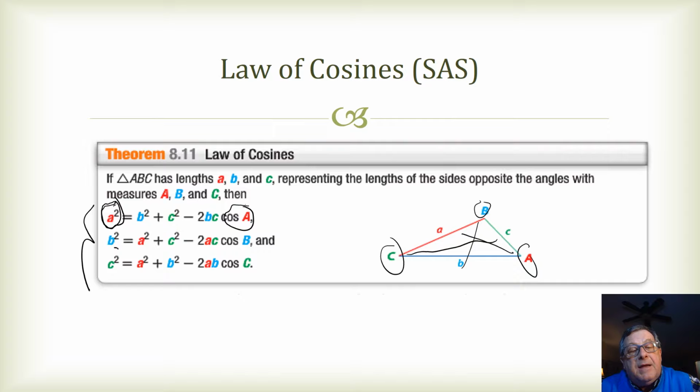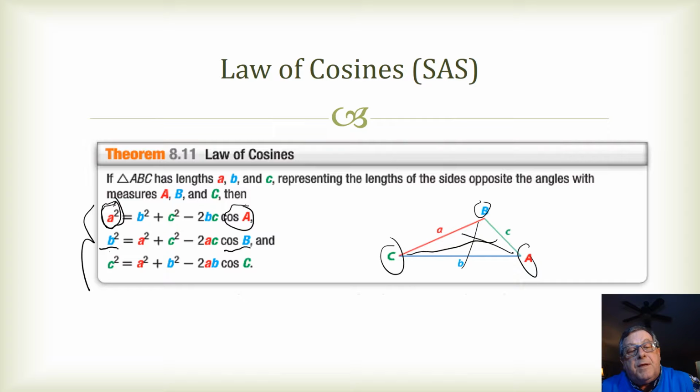And we see that same pattern exist if we're trying to find b squared, and we know the angle measure of B. And then sometimes, like I say, we may know all the sides, which we'll do a little later on, and we're going to find the angle measure using the cosine of B. But again, it bookends the formula.